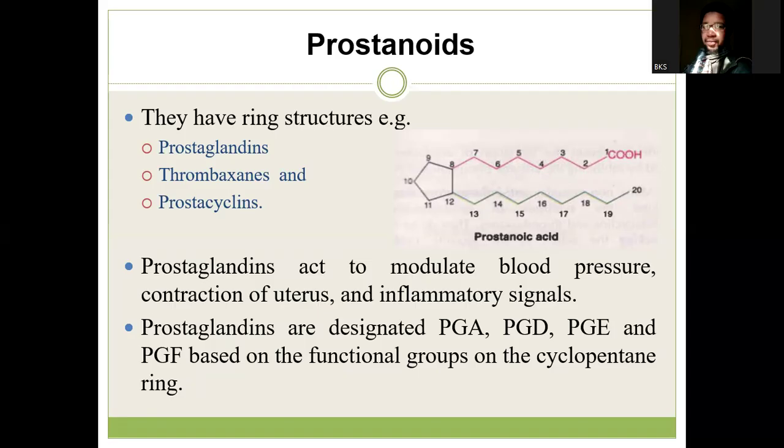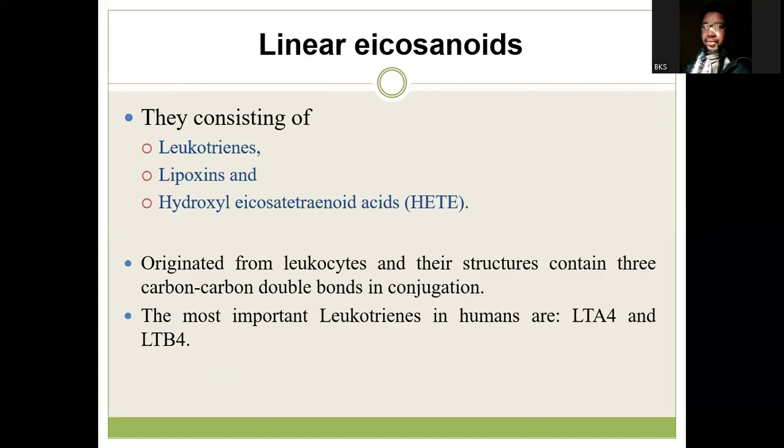The prostaglandins were classified into quite a number of them. Some of them were designated as PG, as in prostaglandin E, prostaglandin D. So even among them, they have some subdivisions depending on their functions. The other ones are called linear eicosanoids.